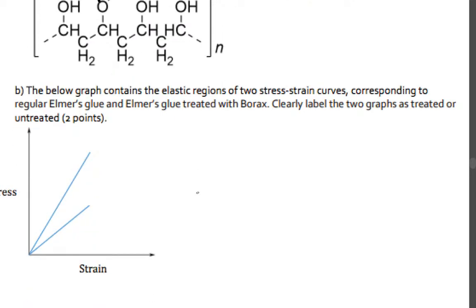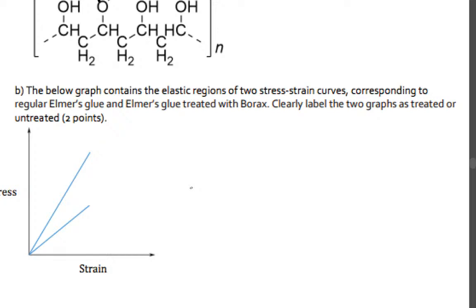Okay. The below graph contains the elastic region of two stress strain curves, corresponding to regular Elmer's glue and Elmer's glue treated with borax. Clearly label the two graphs as treated or untreated.